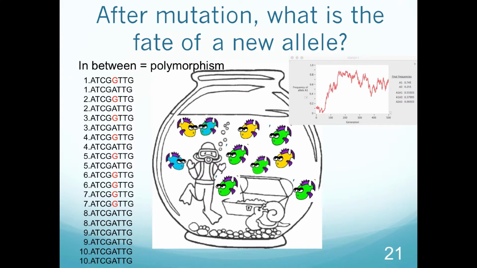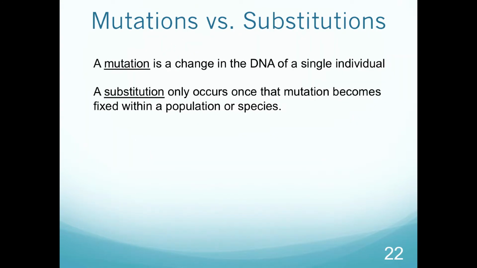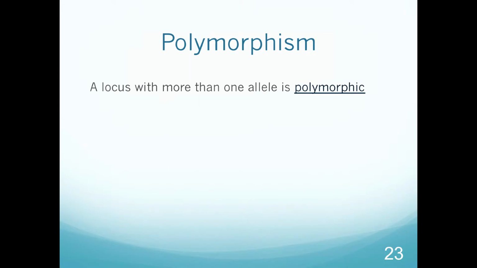And so we end up with this measurable polymorphism in the population. So mutation is a change in the DNA of a single individual. A substitution only occurs once that mutation becomes fixed within a population or species. And a polymorphism is a locus with more than one allele that is segregating in the population.